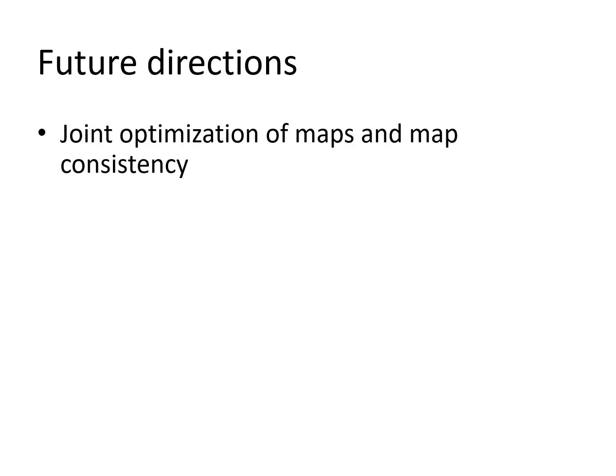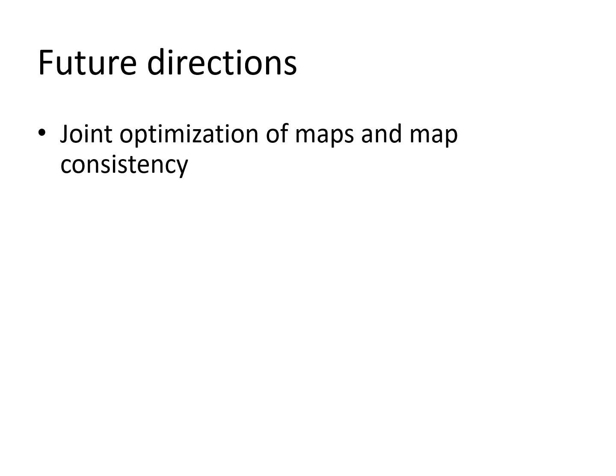There are many future directions to explore. On the theory side, one direction is to consider joint optimization of maps, right? The maps between pairs of objects and enforcing map consistency.